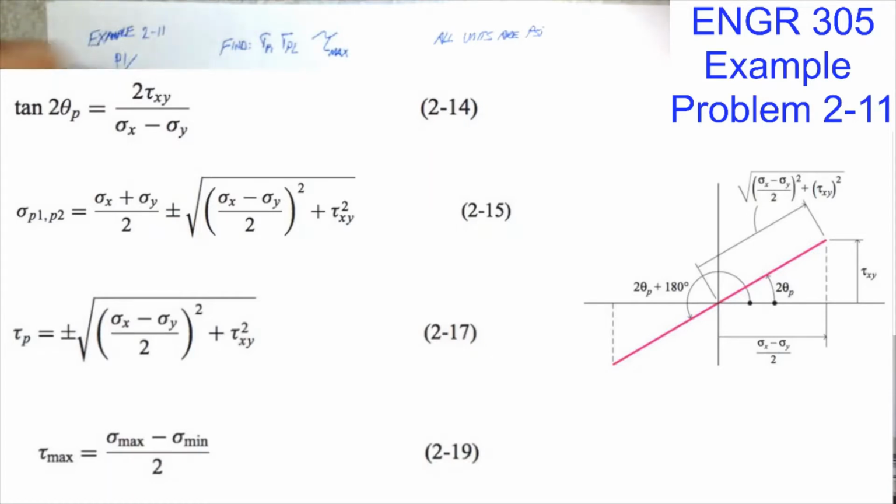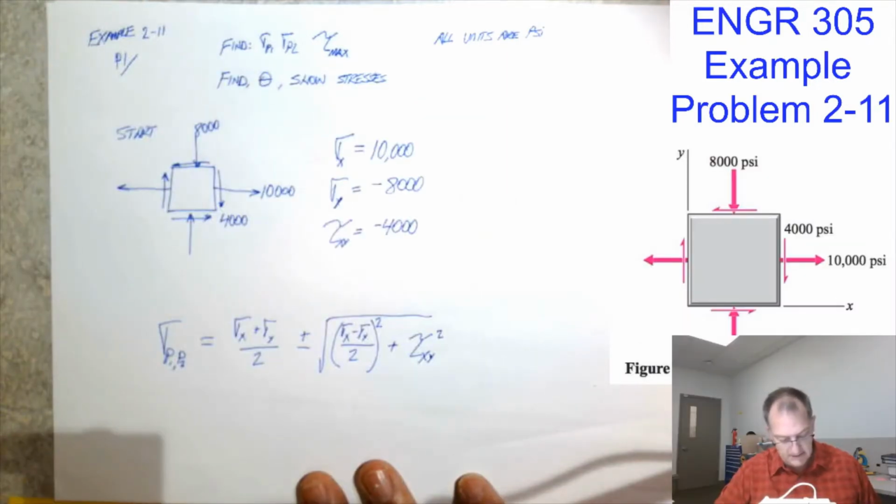So when I say difference, I don't have to say x minus y, because if I do y minus x, it would have a sign issue, but then I square it and it would go away. So it could be x minus y or y minus x. It doesn't matter which direction you're looking at. Plus the shear in the xy squared. All right. Mine looks like that. Yeah, I know, a little sloppier.